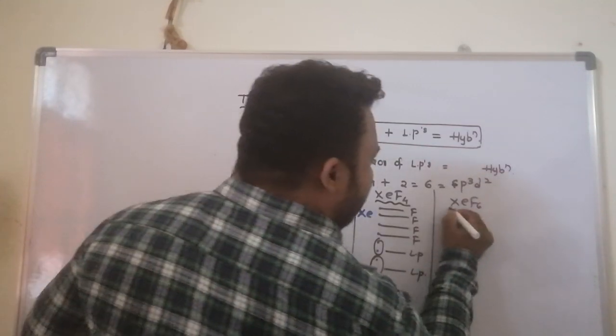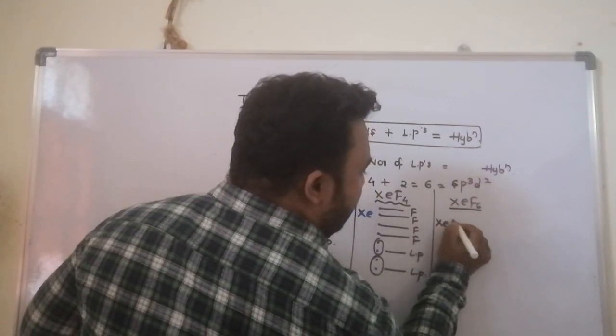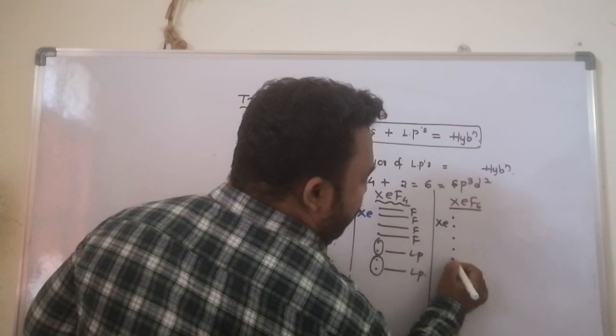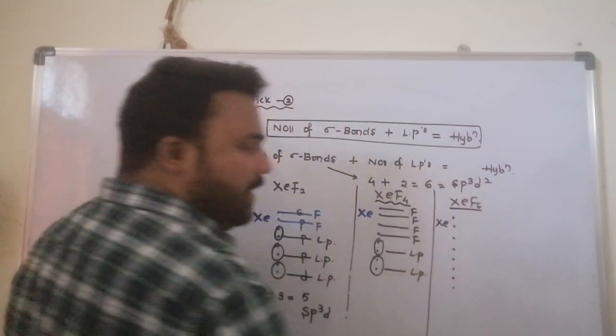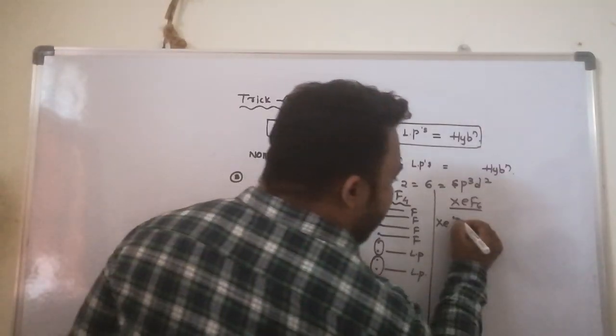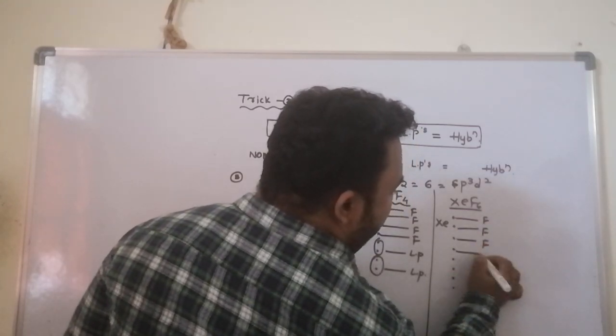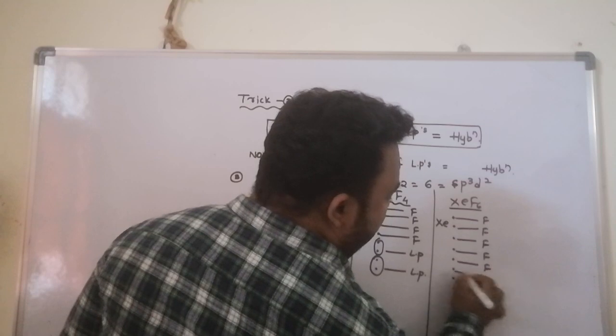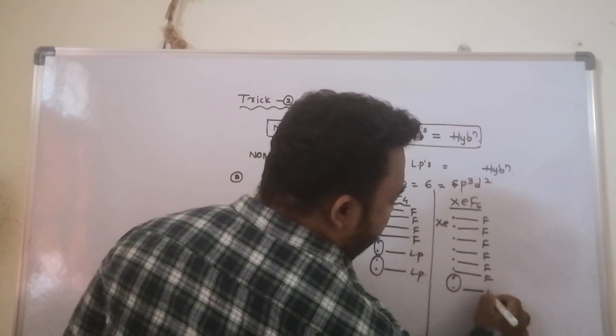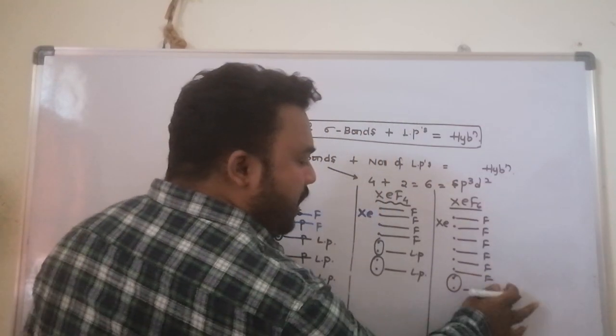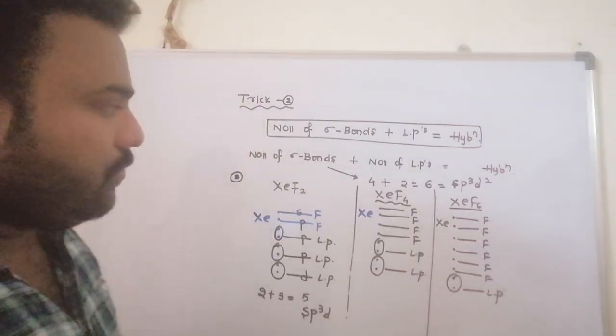Now XeF6, a simple one. Xenon is the central atom with 1, 2, 3, 4, 5, 6, 7, 8 valence electrons. Out of 8 valence electrons, 6 bond with 6 fluorines, and there is a lone pair of electrons.